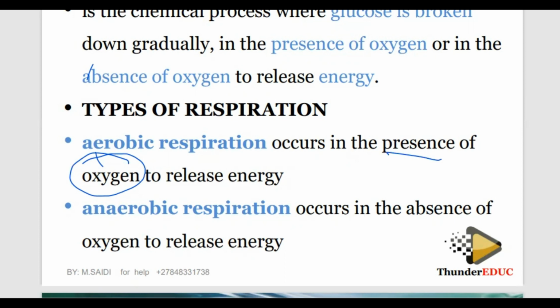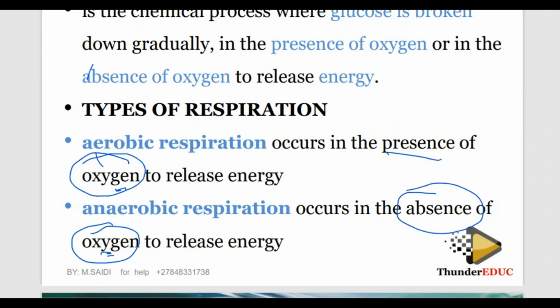Aerobic respiration occurs in the presence of oxygen, and anaerobic respiration occurs in the absence of oxygen. These two types of respiration, one occurring in the presence of oxygen and one in the absence of oxygen, can occur in one cell, but they have advantages and disadvantages.